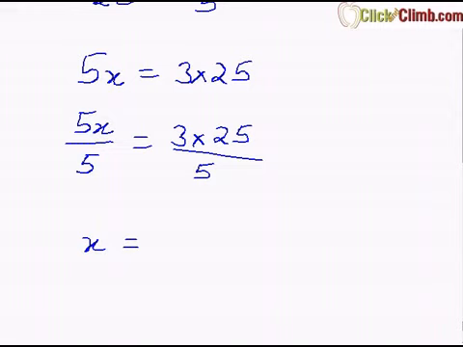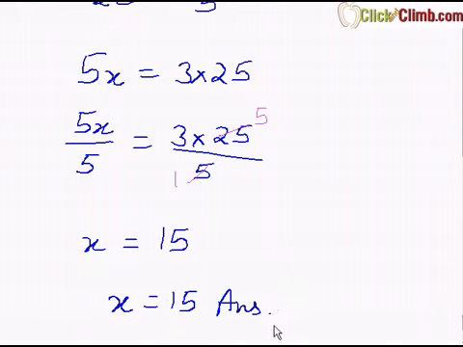Here I can just simply cancel out the 5 and 25. 5 times 1 is 5 and 5 times 5 is 25. So now I am left with 3 times 5 over 1. That is 3 times 5, which is 15. So the value of x is 15. This is my answer. So this was the application of proportions.